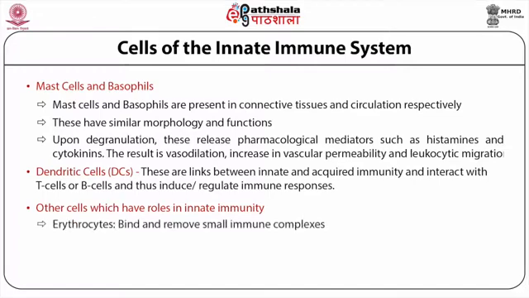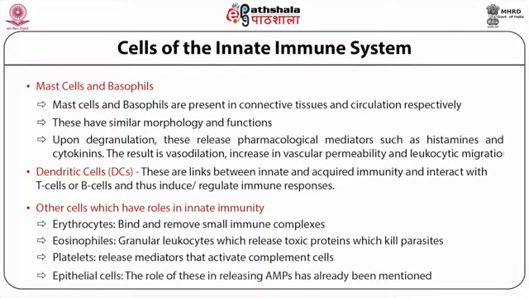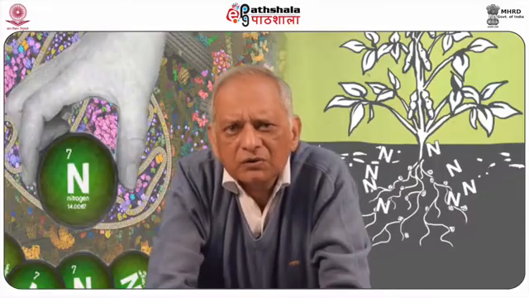For example, erythrocytes bind and remove small immune complexes. Eosinophils, which are granular leukocytes, release toxic proteins which kill parasites. Platelets release mediators that activate complement, and epithelial cells, whose role in releasing AMPs has already been mentioned.